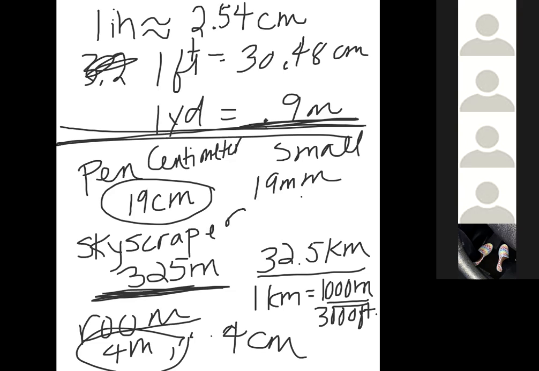And then let me see the dimensions of, no, that one is good. Okay. The length of a football field, would we measure that in meters or kilometers? Meters. Okay. So a football field, anybody know how long a football field is? 100 yards.